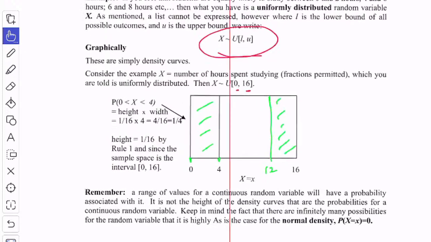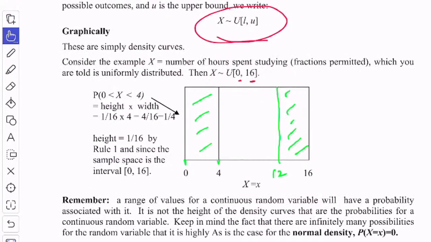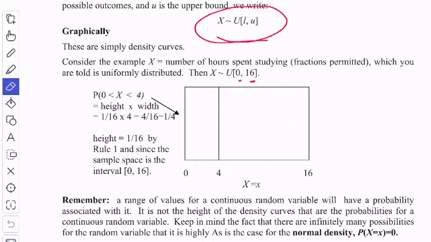So let's see how we can use this distribution to do what I'm saying. I'm going to erase this. And let's say I wanted to know what's the chance.